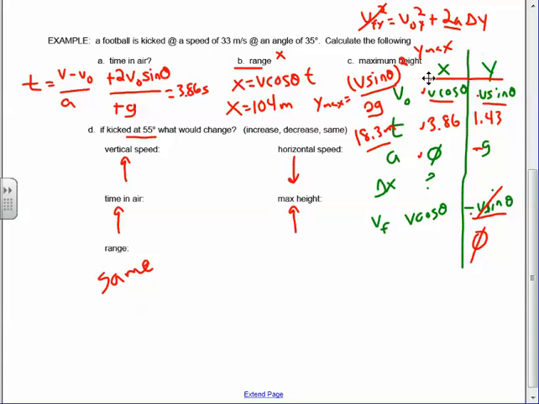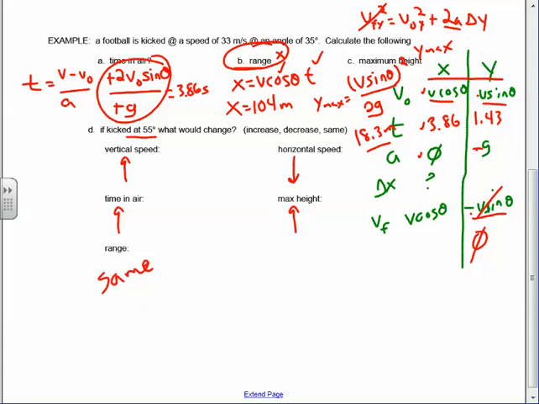Now we want to develop two other equations that simplify some of our calculations as well as give us new insight into projectile motion in this most general form. If we look at this problem right here, finding the range, we see we have to do 2 steps. We've got to find the horizontal component of velocity, and then we have to do a separate calculation for time in the air based on this equation right here.